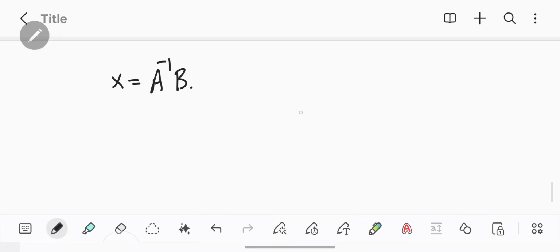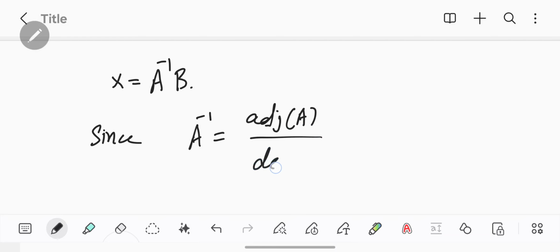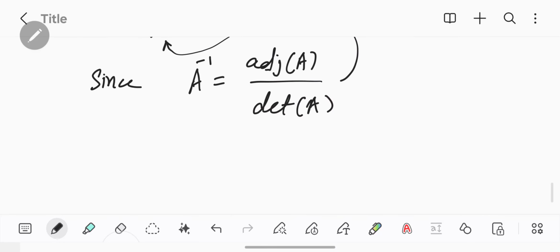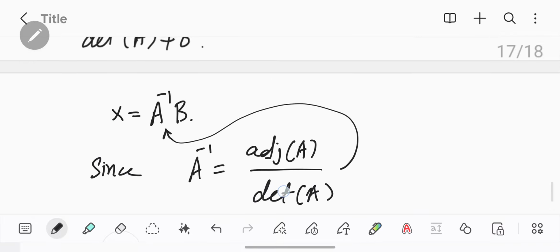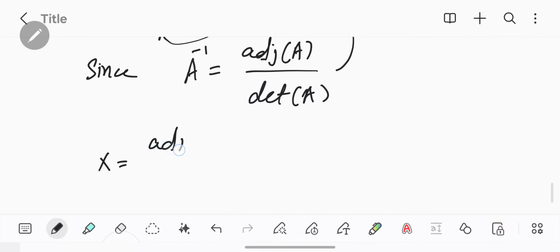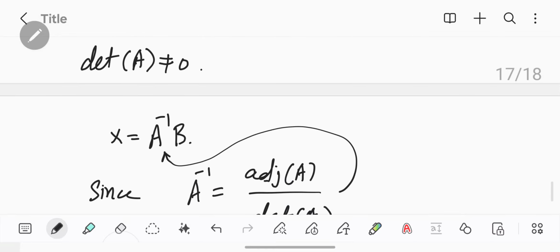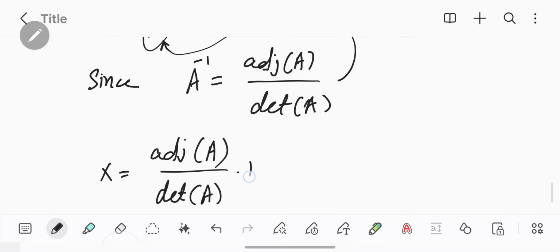Since we know that A inverse is equal to adjoint of A over determinant of A, I can put this value here. My X will become adjoint of A over determinant of A, which is A inverse, and then I will write B here.